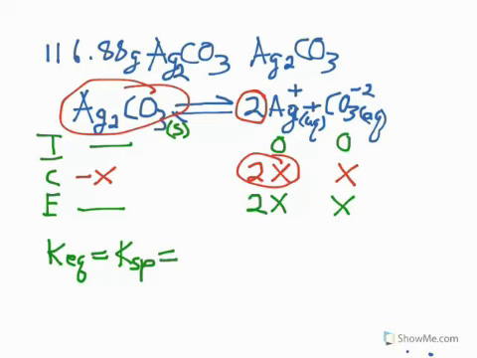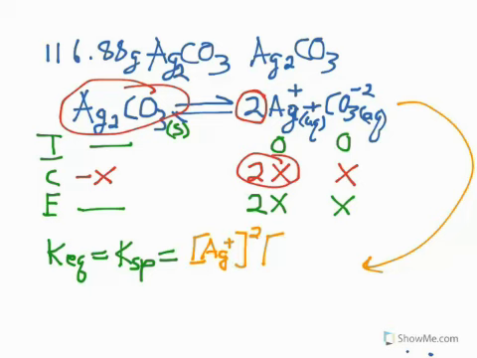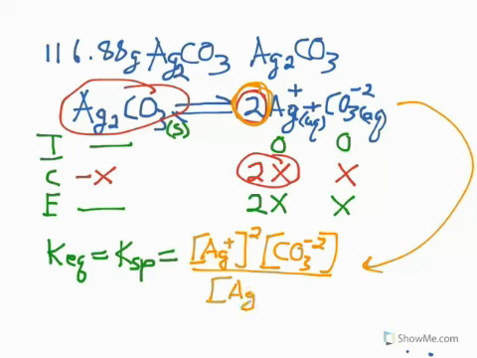But it's equal to the equilibrium expression for this reaction, which is going to be the concentration of the products, Ag plus squared times the concentration of carbonate. Now it's squared because I have this 2 up here. Don't forget about it. Divided by the concentration of silver carbonate, which is a pure solid. Any pure solid or pure liquid goes to 1.